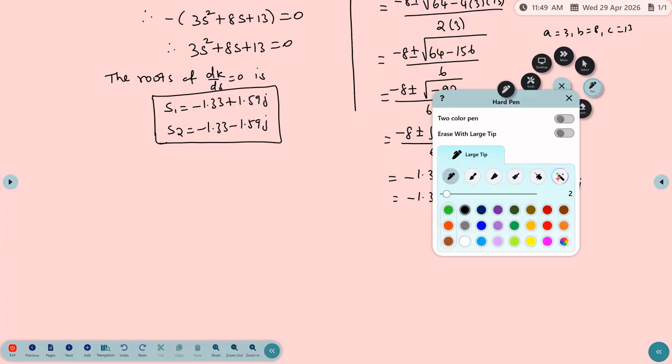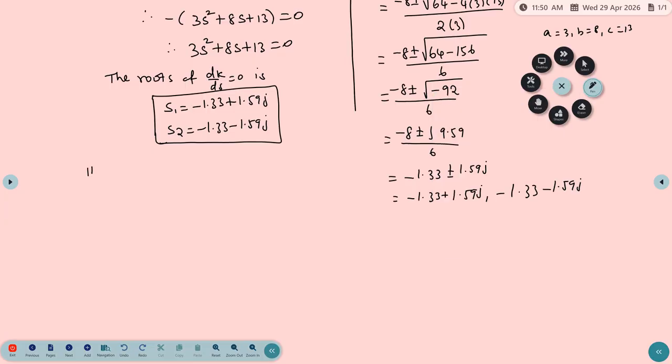So we can conclude this step as: here the roots of dk/ds are not real and positive.